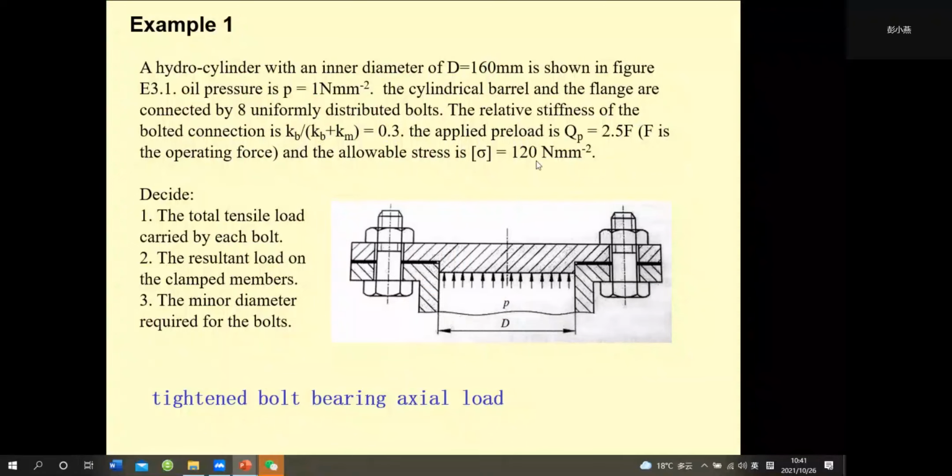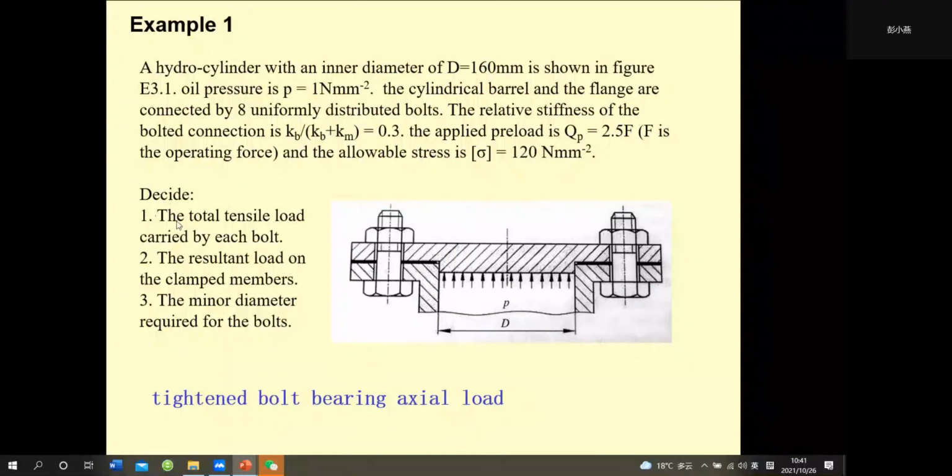And the applied preload is 2.5 times F, where F is the operating force caused by the oil pressure, okay? And the allowable stress is 120.